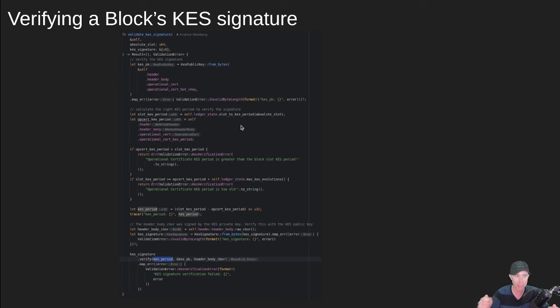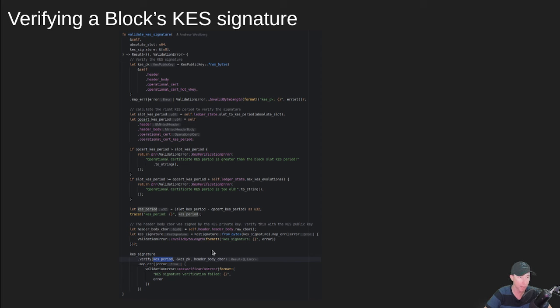So we know what the current KES period is. Then we look at the opcert KES period, and we make sure that the slot's KES period of the block is greater than or equal to the opcert's KES period. And we make sure that we're also within the max KES evolution. So we make sure it's not too far out in the future, this block that we're just seeing.